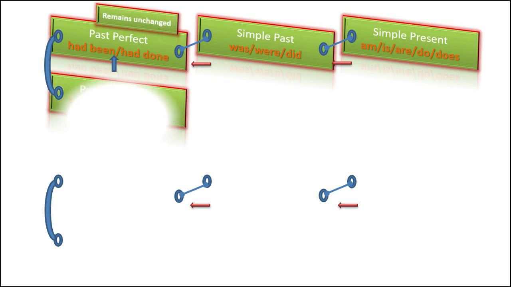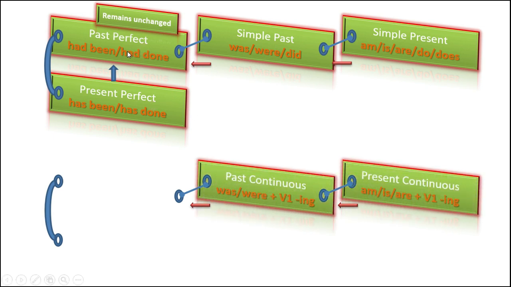Yes, it remains unchanged. Past perfect does not change. And present perfect also becomes past perfect. Now, simple past becomes past perfect and present perfect becomes past perfect. So, please remember that these two tenses change to past perfect and past perfect remains unchanged.